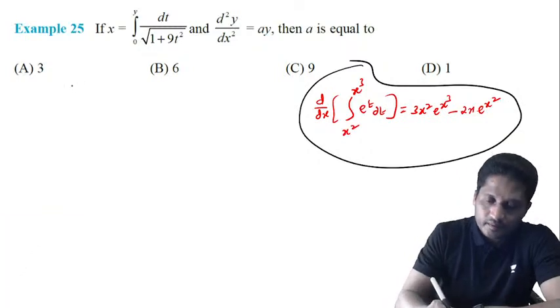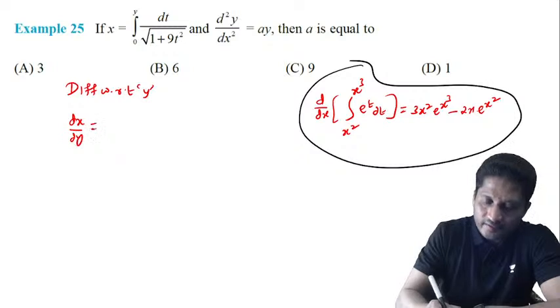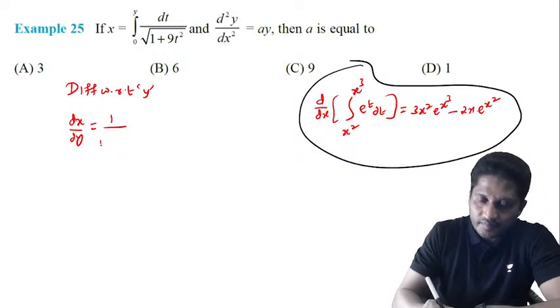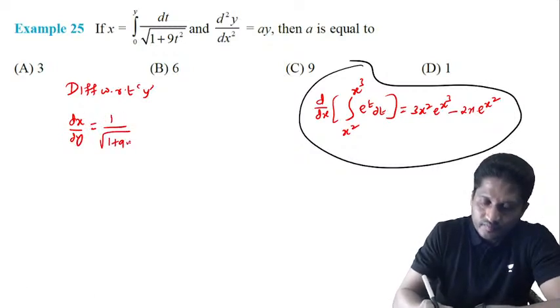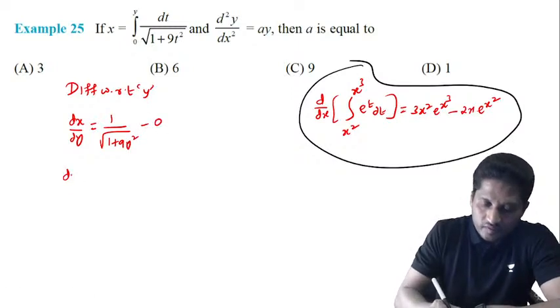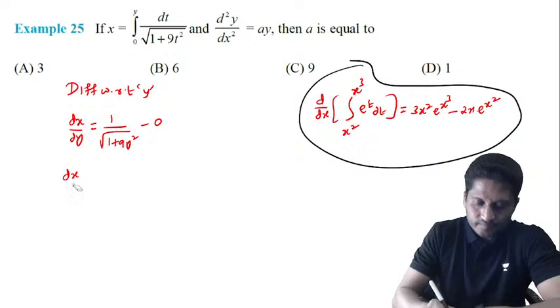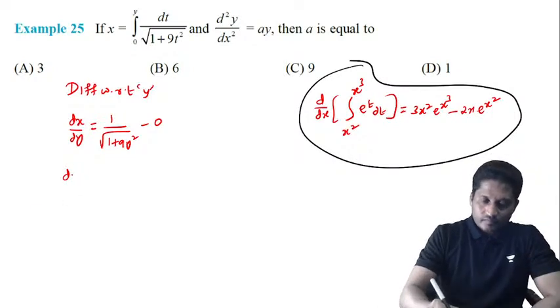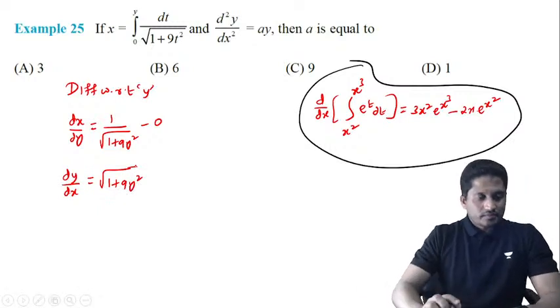If I differentiate with respect to y, dx by dy is equal to the differentiation of the upper limit, which is 1, with the upper limit put in place of t, and the differentiation of the lower limit is 0. This is dx by dy. If I reverse this, dy by dx is equal to root of 1 plus 9y square.